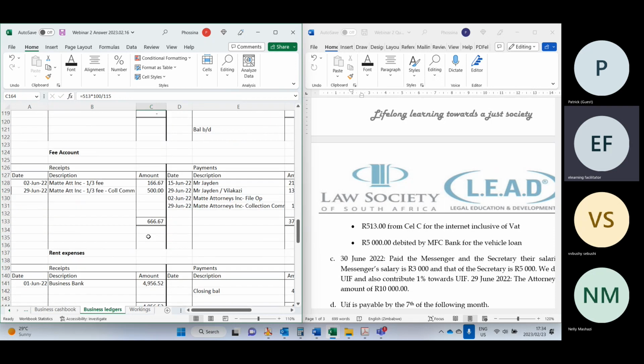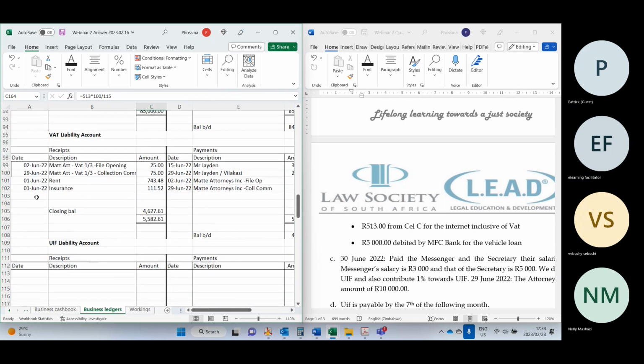And then we go to our VAT account. So you should always, we are VAT registered. So anything that is allowed for VAT to be claimed, we claim it. We claim the VAT, 15 divided by 115. So usually you find when the banks are debiting us, they are already debiting inclusive of VAT. So we just need to apply the same formula so that we claim the VAT back.